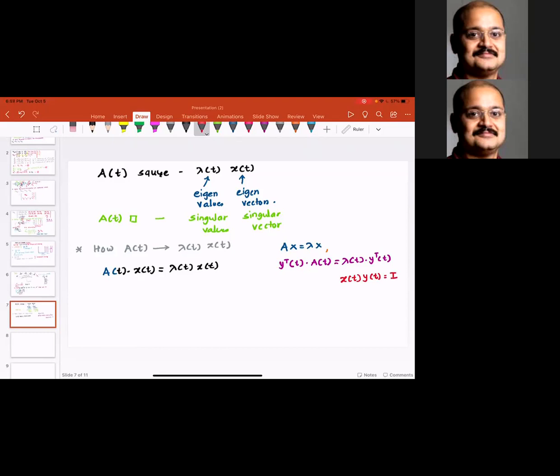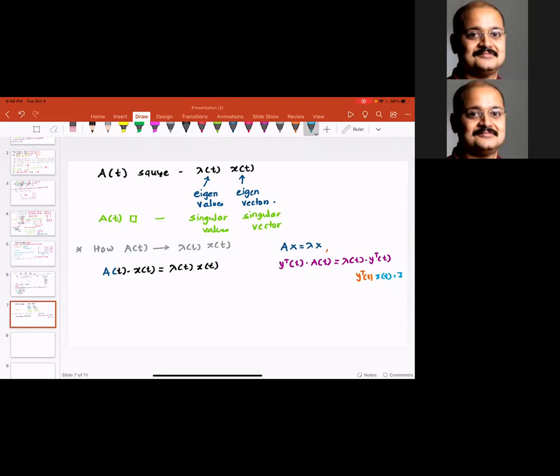They satisfy this relationship: y of t transpose multiplied by x of t is equal to I. Actually, I wrote this incorrectly; this is y of t transpose x of t is equal to I.